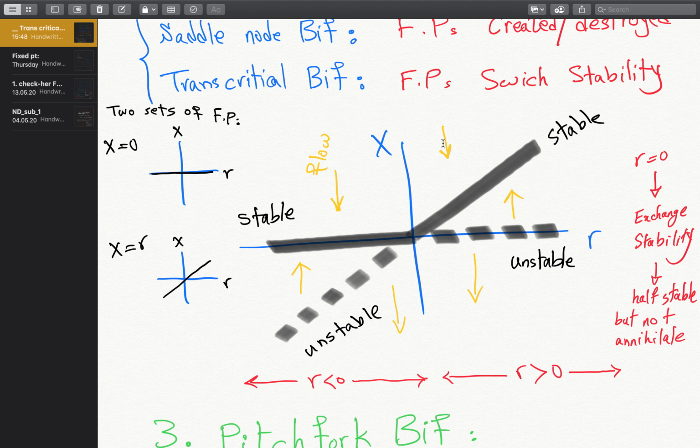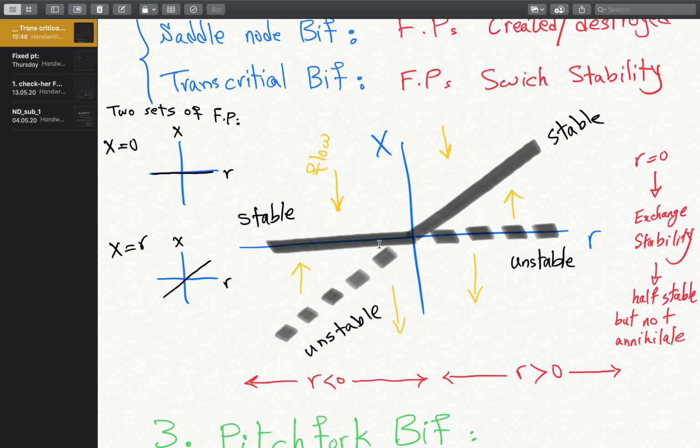And these yellow things are just the flow. If the state of your system is here, for instance, and you release it, then it is absorbed to the stable fixed points, and it is repelled from unstable fixed points.